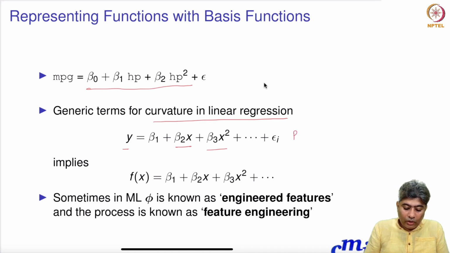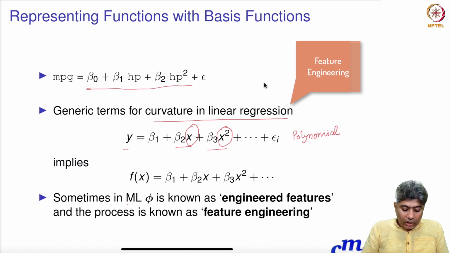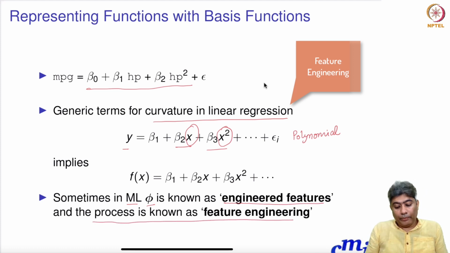You can fit a polynomial, and this x square, x cube are the basis of the polynomial. In machine learning, this phi or the basis is known as engineered feature, and the process is known as feature engineering.